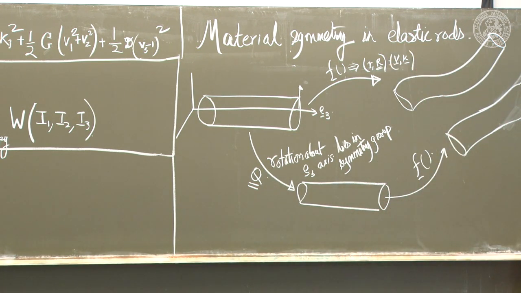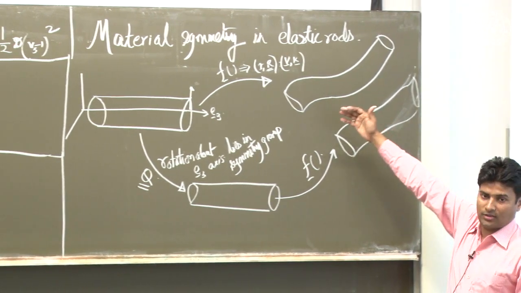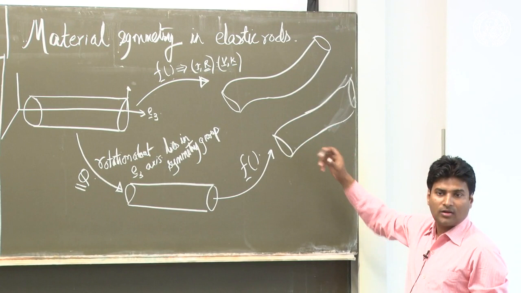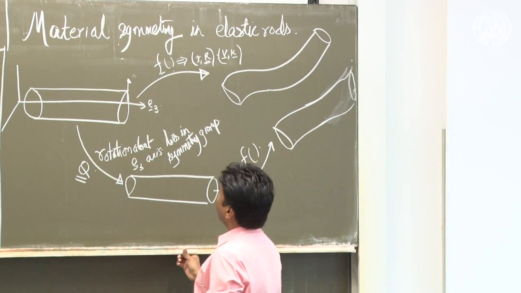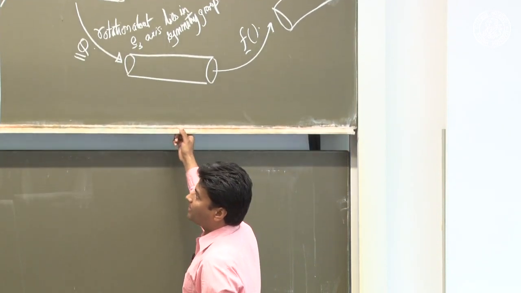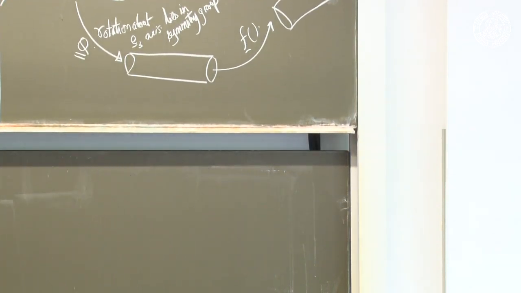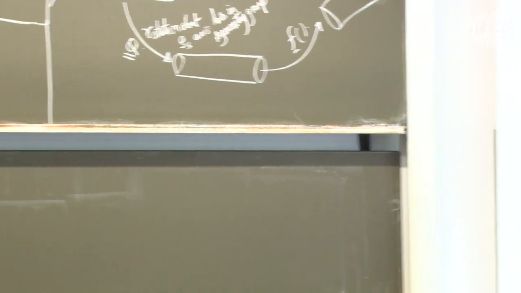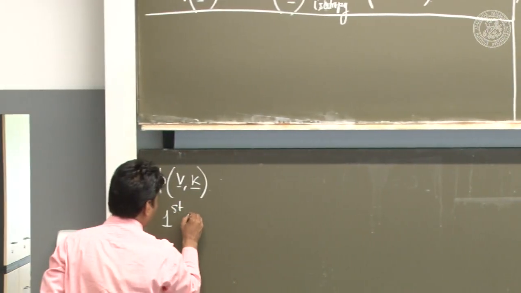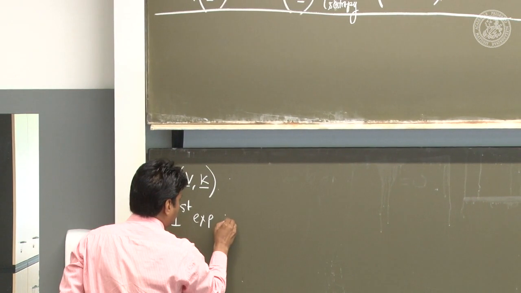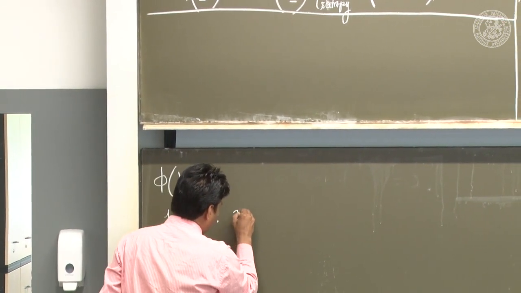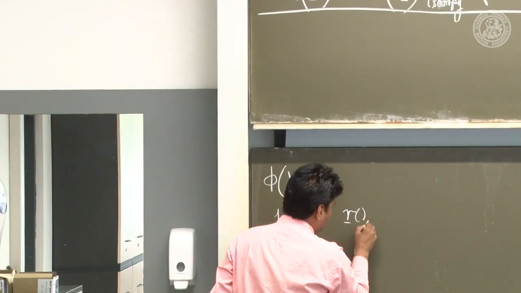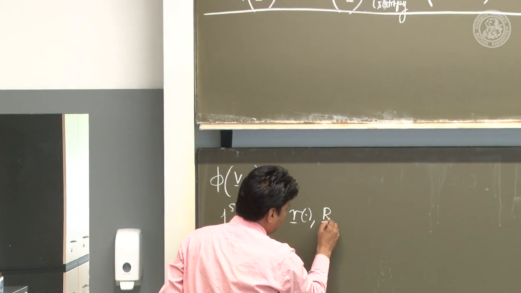And we would like to find out what's the new V and K here in terms of the old V and K. Alright? So in the first experiment, the deformation maps were such that it leads to small r and big R.